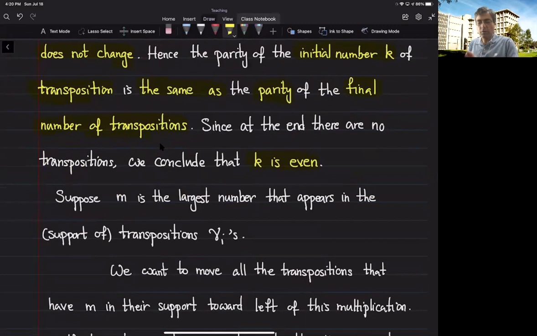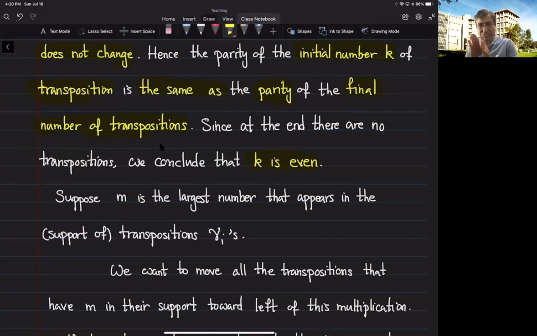Notice that if the transposition right behind gamma sub i, let's call it gamma sub i minus 1, and gamma sub i are disjoint, I can simply move gamma sub i toward the left of gamma sub i minus 1, because I can commute them since they are disjoint.